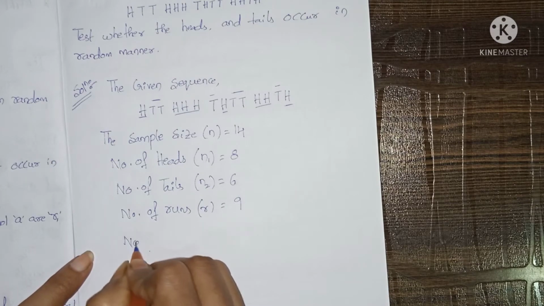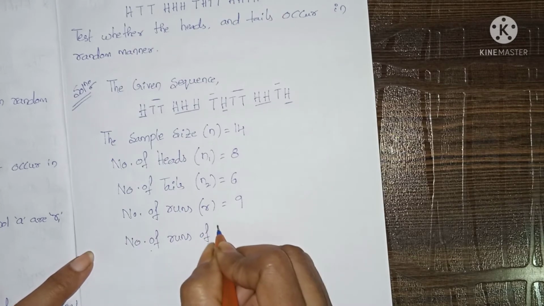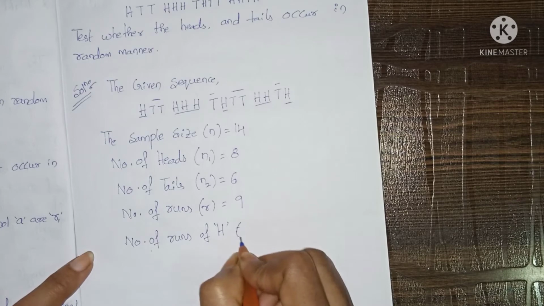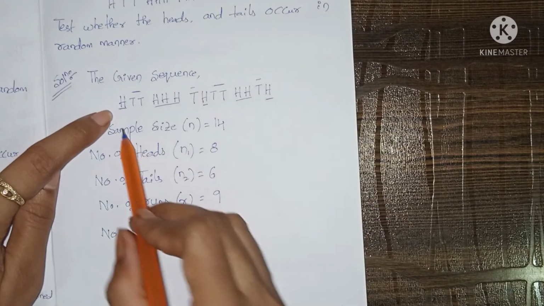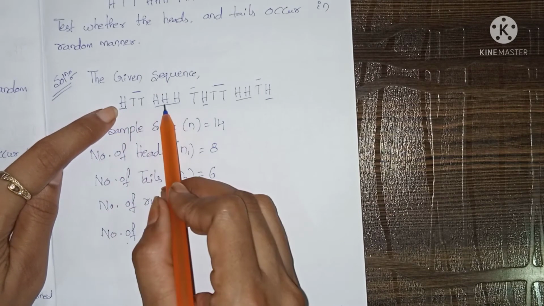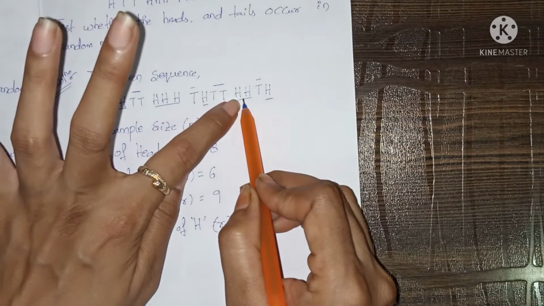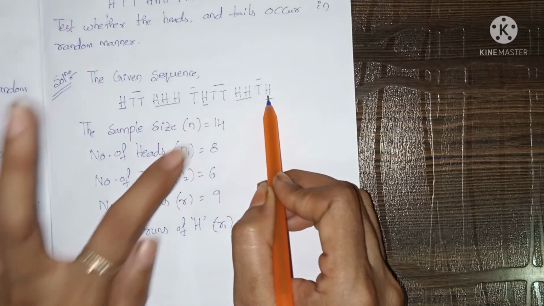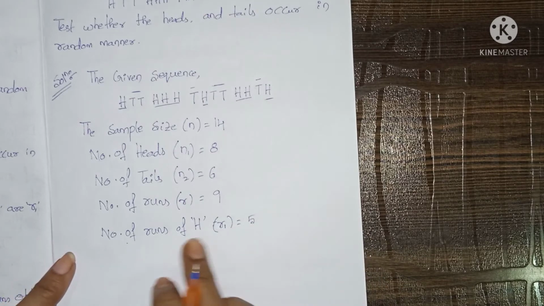Now the number of runs of heads is denoted with R1. We'll see how many runs for heads: this is the first run, second run, third run, fourth run, fifth run. So 5 runs belong to heads.